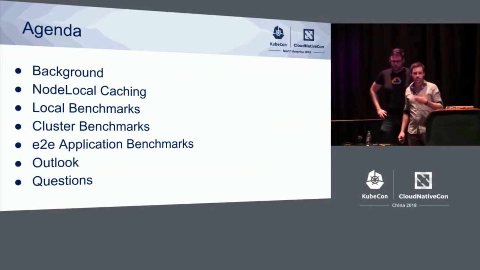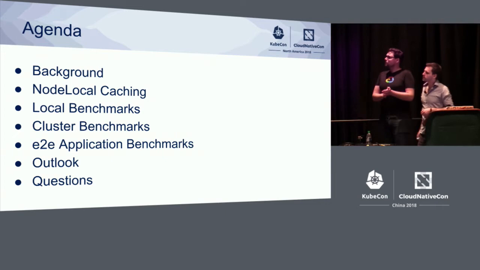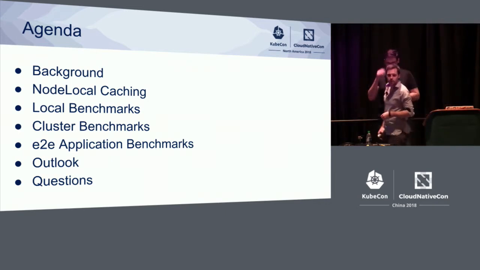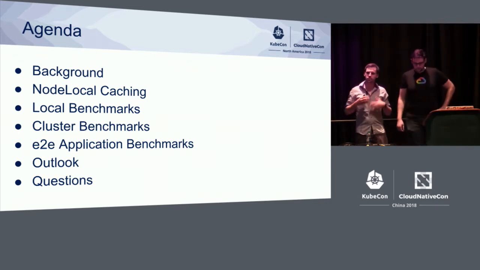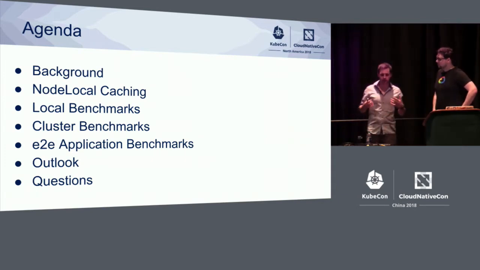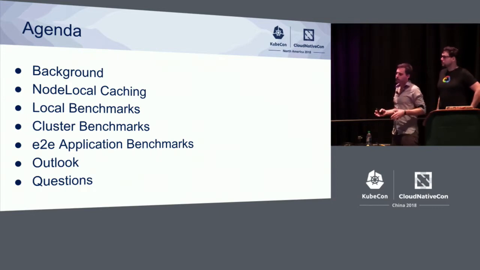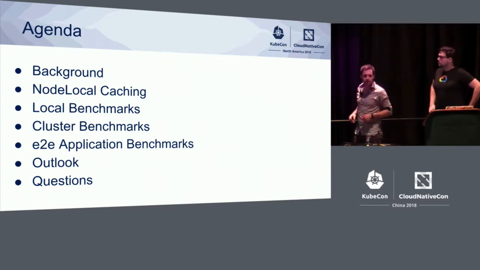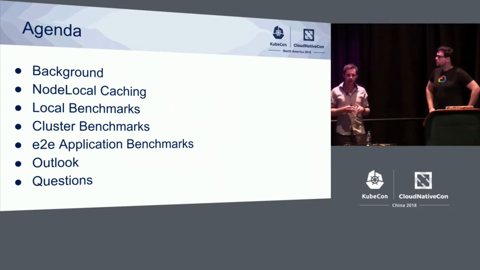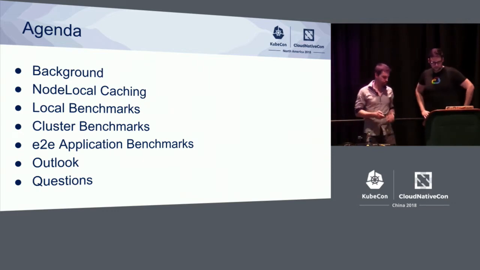So we will look into some local benchmarks, and then into cluster benchmarks, and then we have one example application, which is anecdotal on what might happen with a switch and in general what you can do with an actual application in a real-world scenario. The next one is basically the outlook, so what will happen with CoreDNS and Kubernetes in the future.